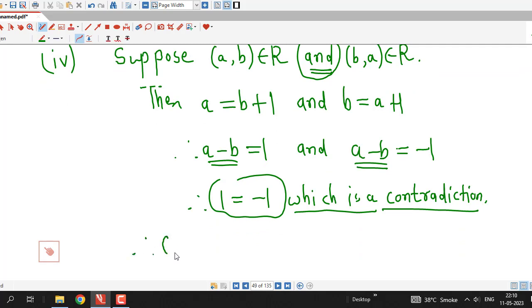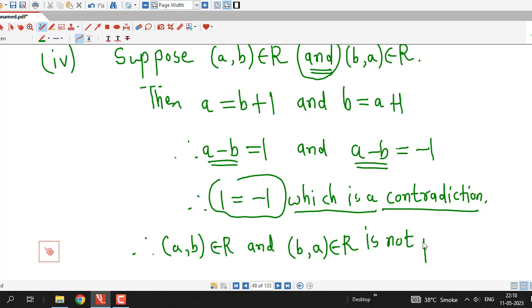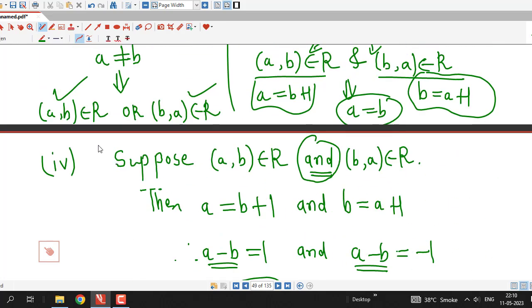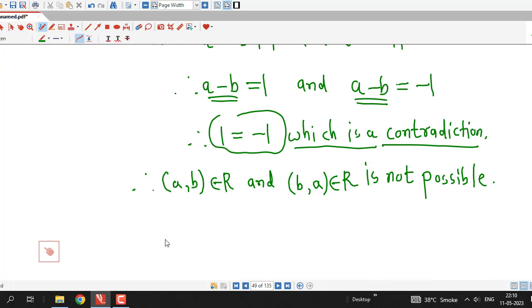Therefore, (A, B) belongs to R and (B, A) belongs to R is not possible. Or we can say that either (A, B) belongs to R or (B, A) belongs to R. Here we have to specify that A and B are integers. This implies that our relation is an antisymmetric relation.